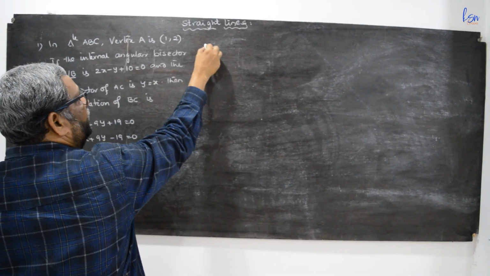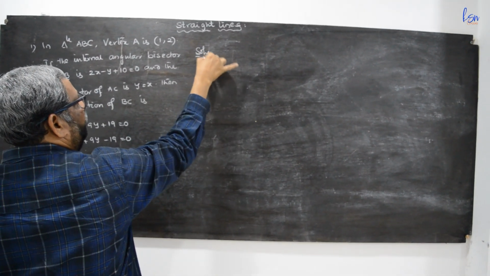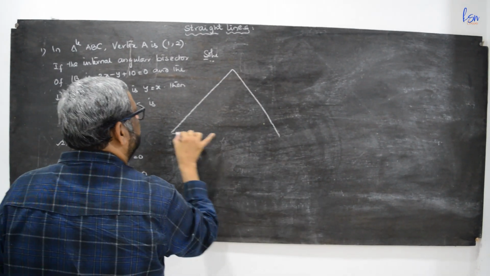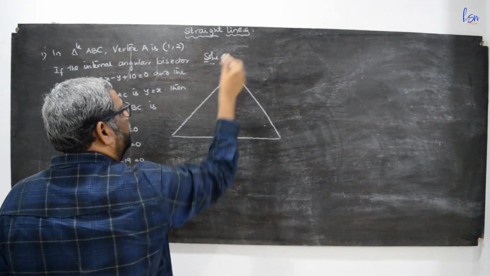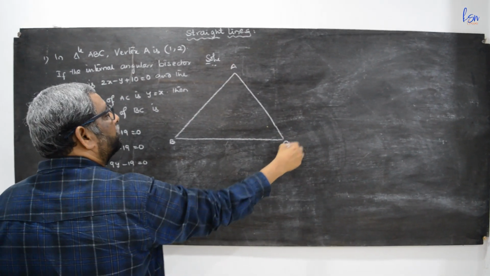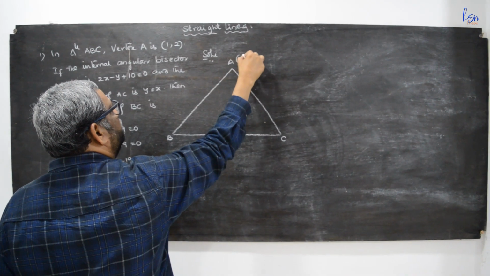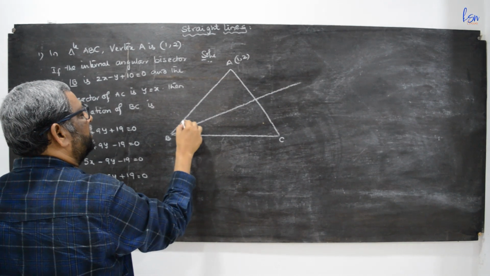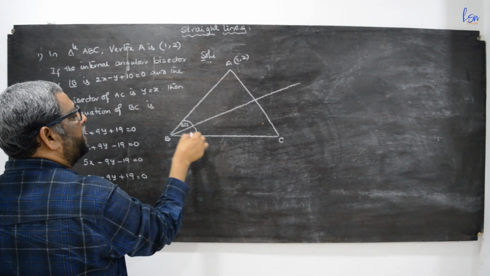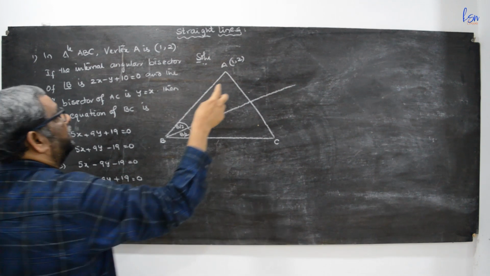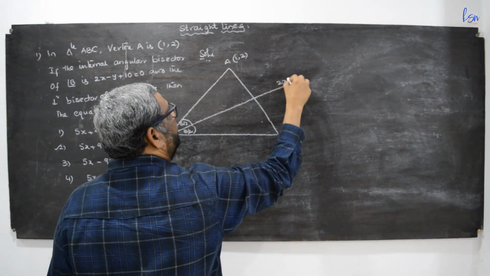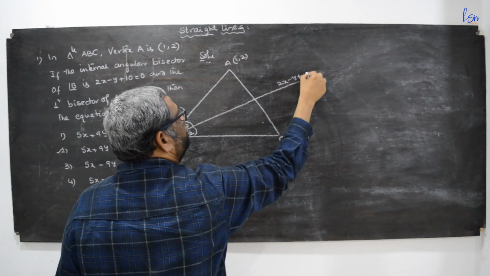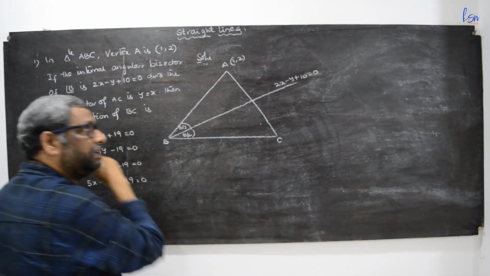Now let us start the solution. Given A is (1, 2), the angular bisector of B, this is B by 2 and this is B by 2, is 2x minus y plus 10 equal to 0.